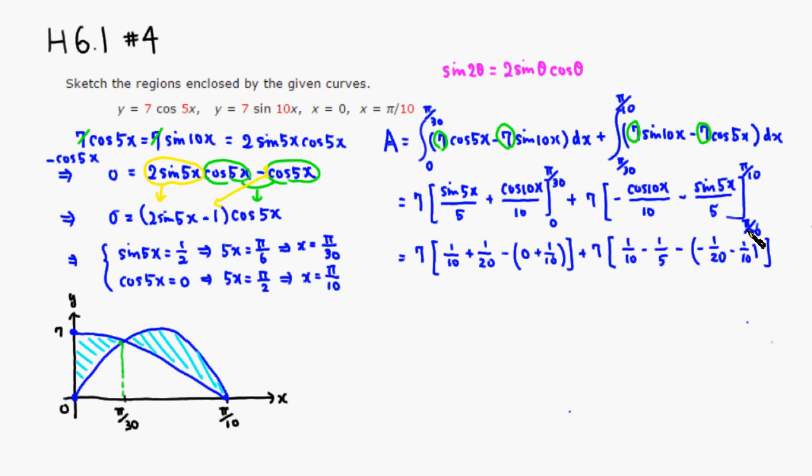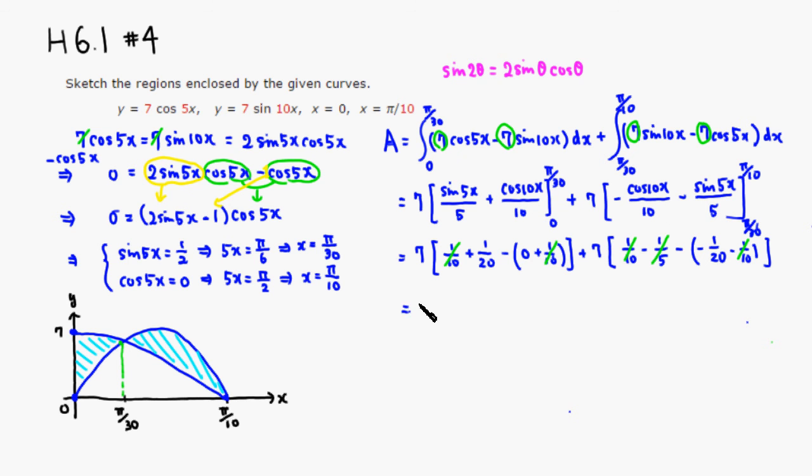So let's see if we can simplify. We can cancel 1/10 here minus 1/10. Anything else we can cancel? We have here 1/10 plus 1/10, which would be 1/5, and you have minus 1/5 sitting there, so we can cancel that.